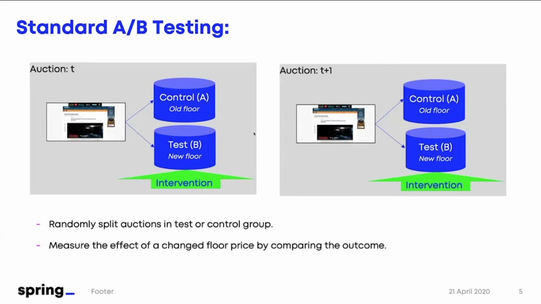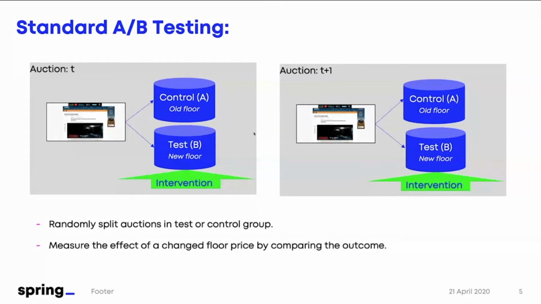For this kind of problem, usually A/B testing is the solution that is applied. So just a quick recap or definition of what A/B testing is. The idea behind A/B testing is to define 2 groups: the control group, where we will run all the floor prices, and the test group, where we will run the suggested ones, so the new ones, the ones we think are better.